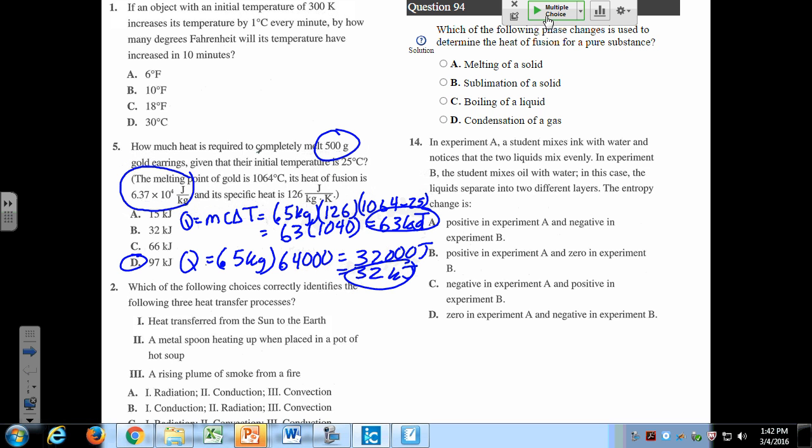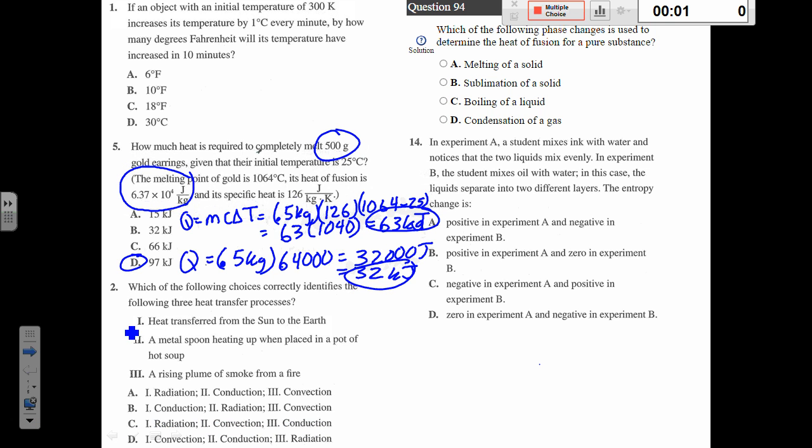All right, and now let's do number 2, down here. What are these different heat transfer processes?